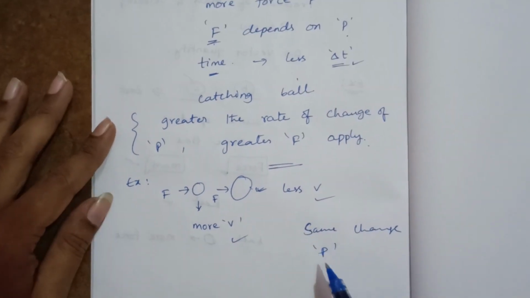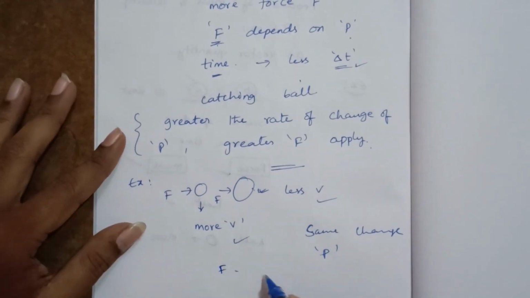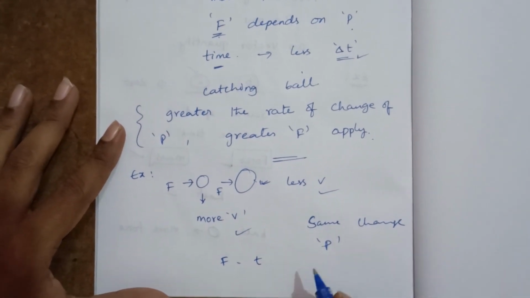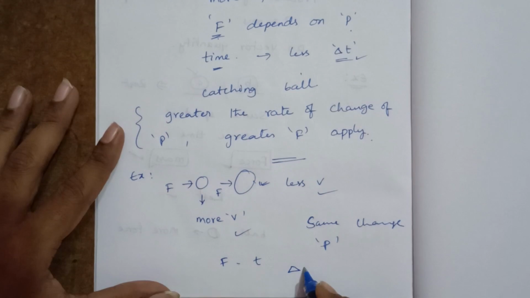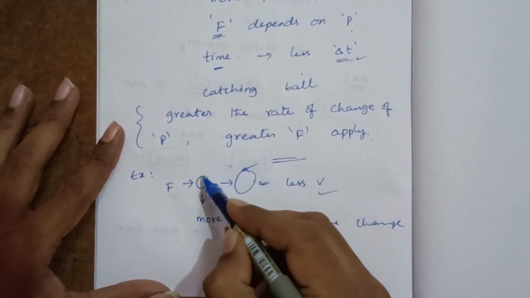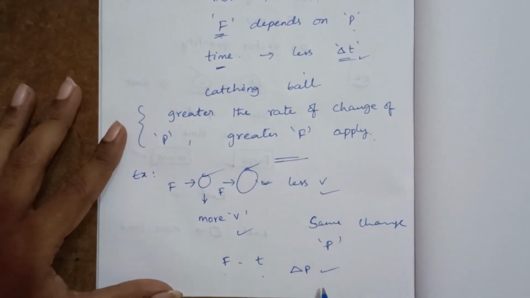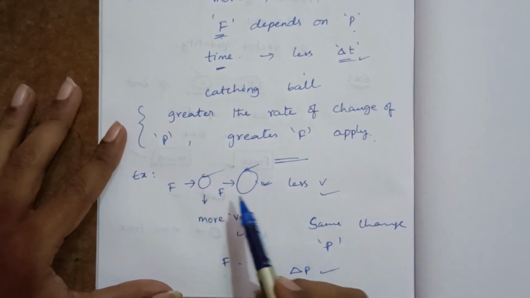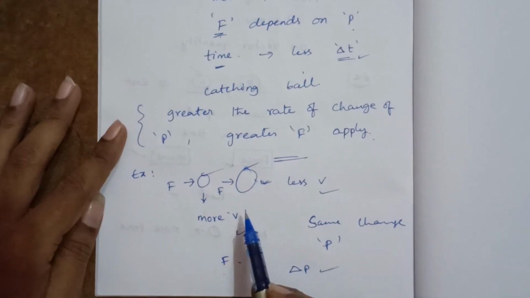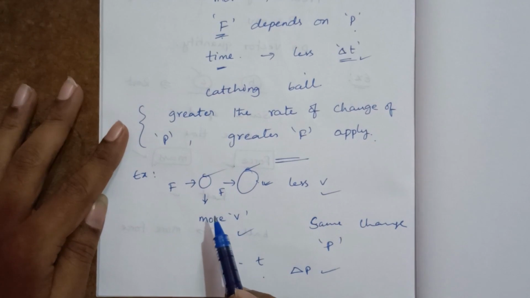So from this example we can conclude that when the same force is applied in the same time, it causes the same change in momentum for different masses. Masses are different but the force is applied the same for a particular time.